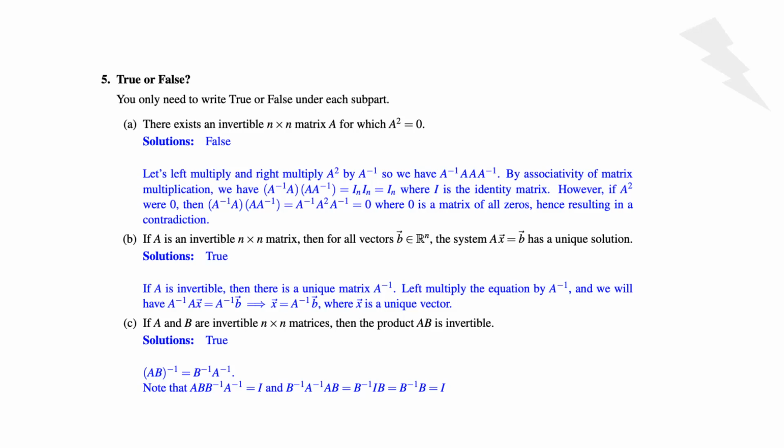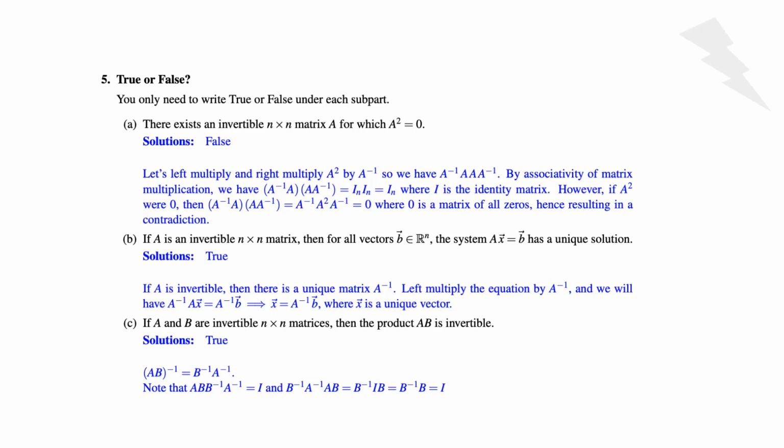However, if you have the case for which A squared equals 0, then very similarly, you can essentially split up your A into A and A, and then left multiply by A inverse. But in this case, you don't get the identity matrix.